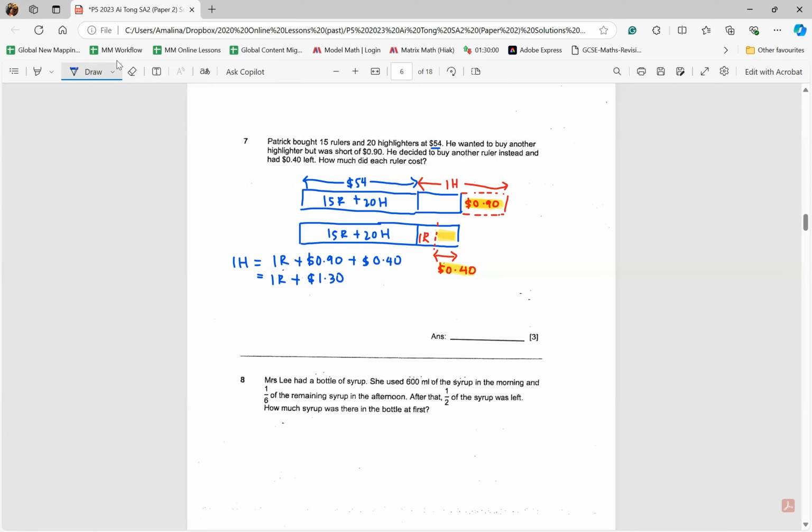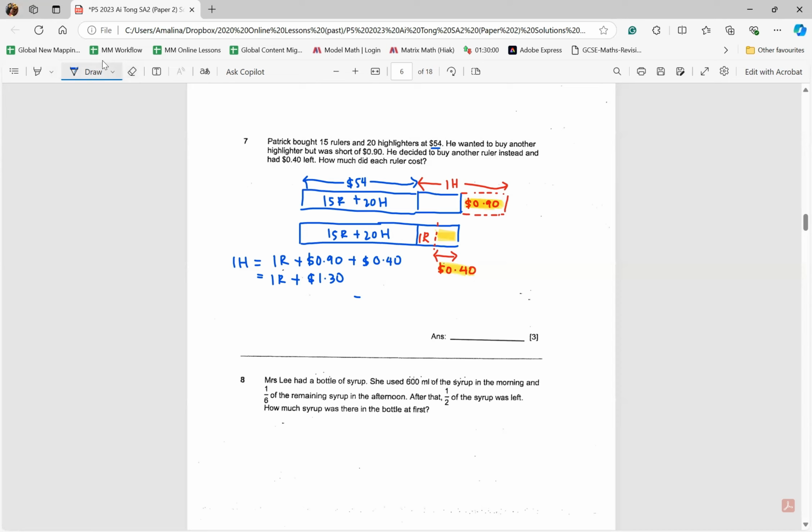Now I'm going to make use of this to rewrite my equation for 15R plus 20H. I'm going to change the H in terms of R. Maybe I break this down for you.